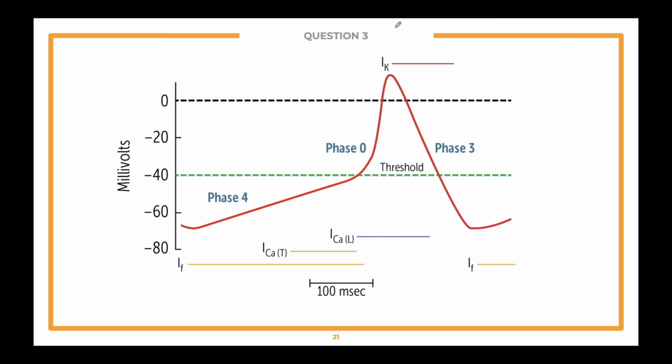The slope of phase 4 is really what determines your heart rate. Is that slope more elevated? Is that slope lower? And that determines a faster or slower heart rate. And you can see there at the very bottom that IF, that funny current, is predominantly the ion channel responsible for phase 4.